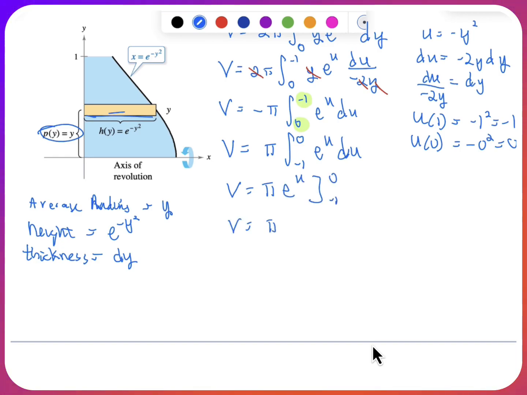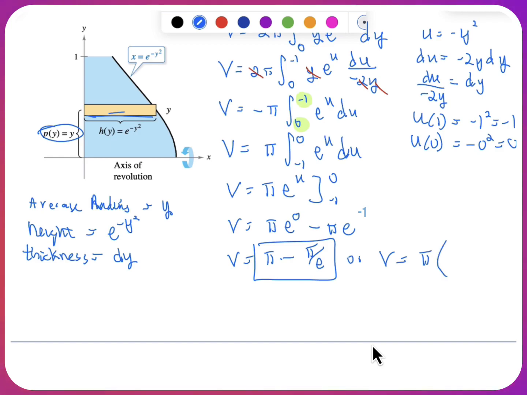So I start with the upper bound, replace the u with 0, and then replace the u with -1. And I get pi minus pi over e, or volume is equal to pi times 1 minus 1 over e.